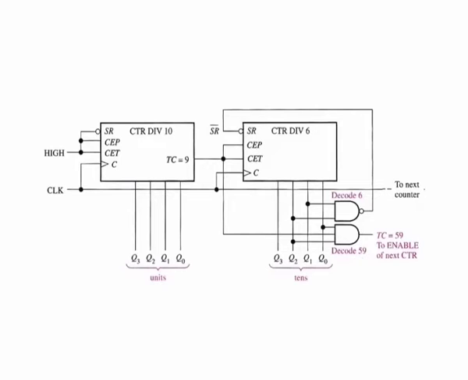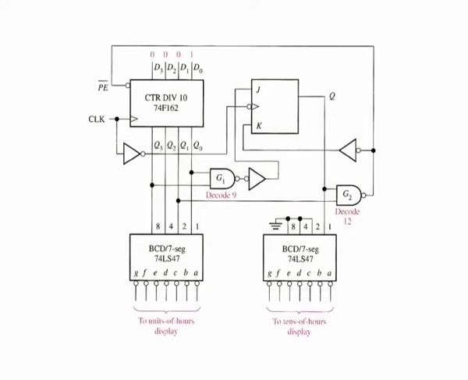Notice that the divide-by-6 portion is formed with a decade counter with a truncated sequence, achieved by using the decoded count 6 to asynchronously clear the counter. The terminal count 59 is also decoded to enable the next counter in the chain.